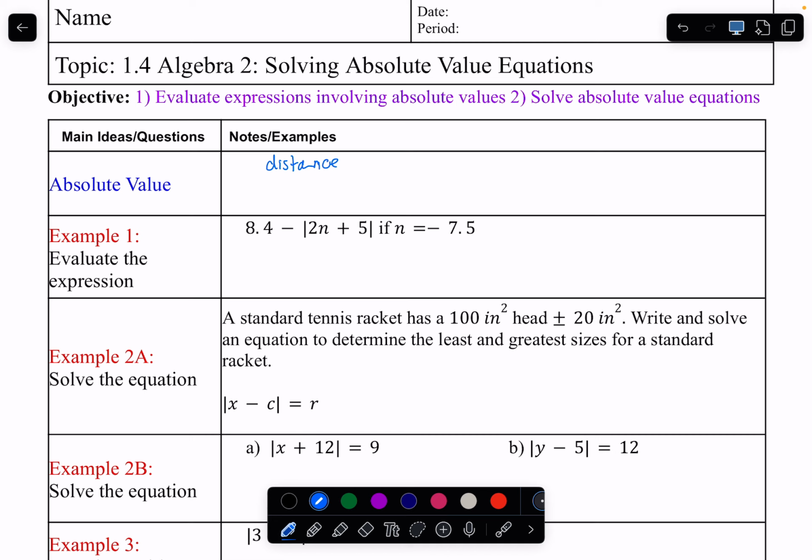A certain number of units away from 0. So sometimes it'll be classified as a distance from 0. Because it's a distance, let's think if we have the absolute value is 2. That is saying what things are 2 units from 0.